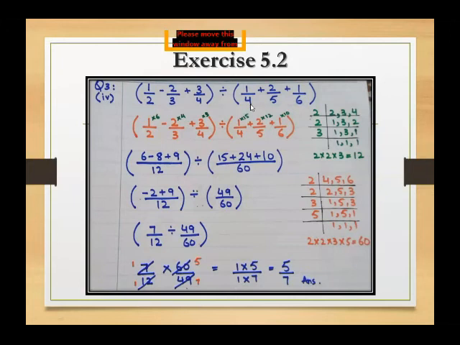They contain 4, 5, 6 as the denominator, so we take the LCM of 4, 5 and 6. We get the LCM is 60. So the LCM of 2, 3, 4 is 12, and the LCM of 4, 5, 6 is 60.